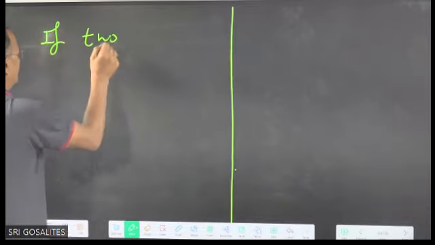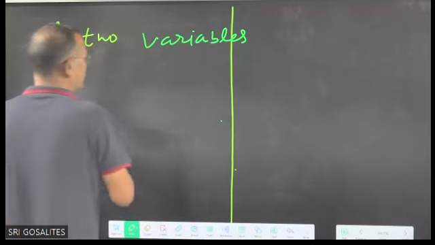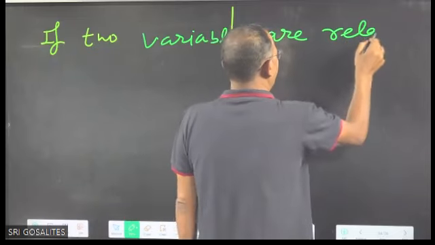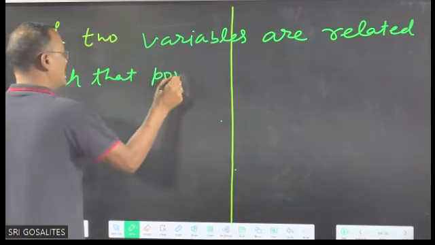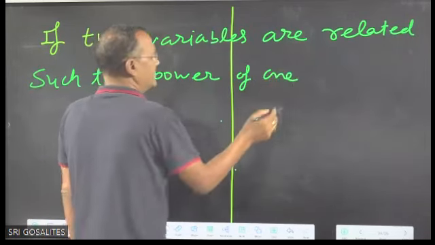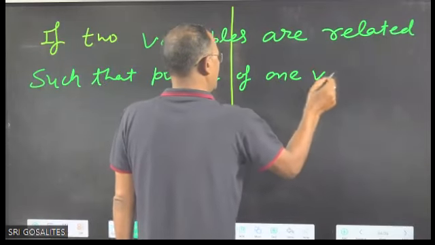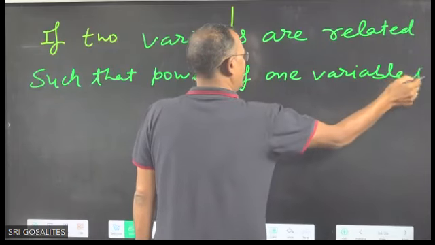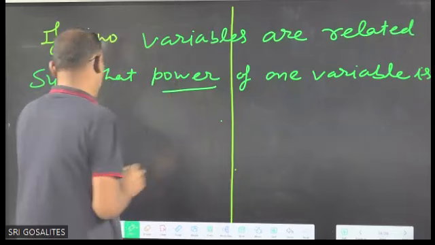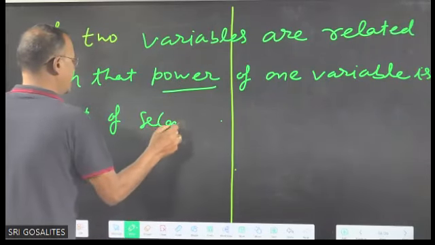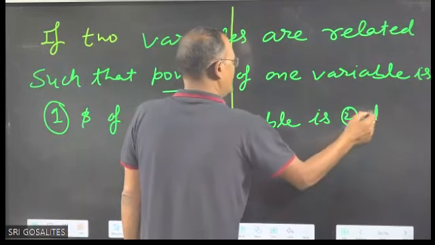If two variables are related such that the power of one variable is 1, meaning the power of one variable is 1, which is also called power or order, and of the second variable is 2, what is the power of the second one? 2.